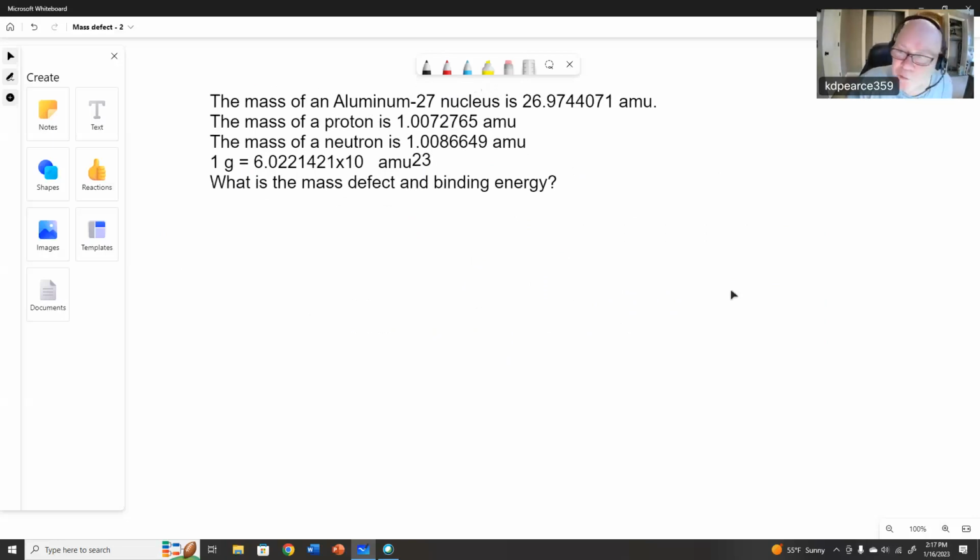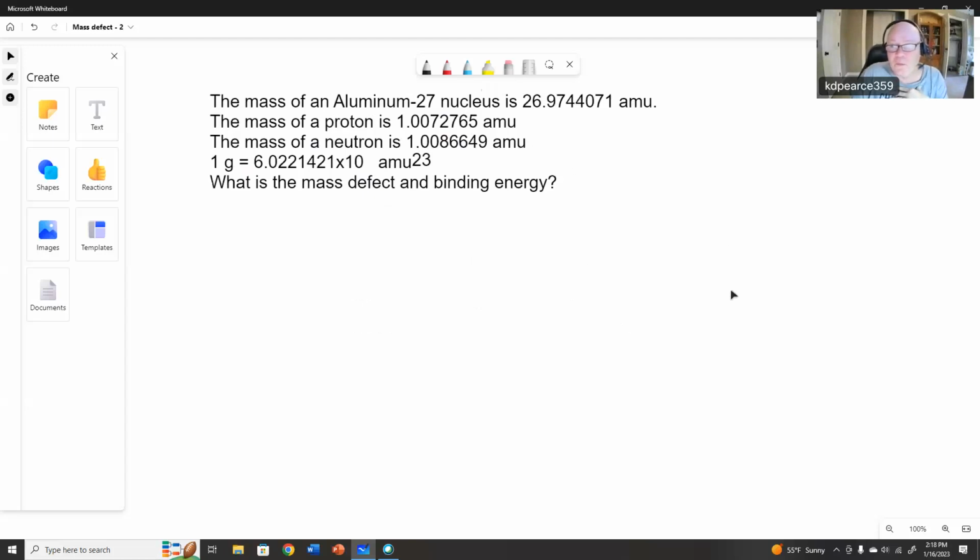An atomic mass unit is approximately the same number you see on a periodic table. Of course, the number you see on the periodic table is the weighted isotopic average, but it's pretty close. So that would be 26.97 grams per mole, essentially, for the nucleus.